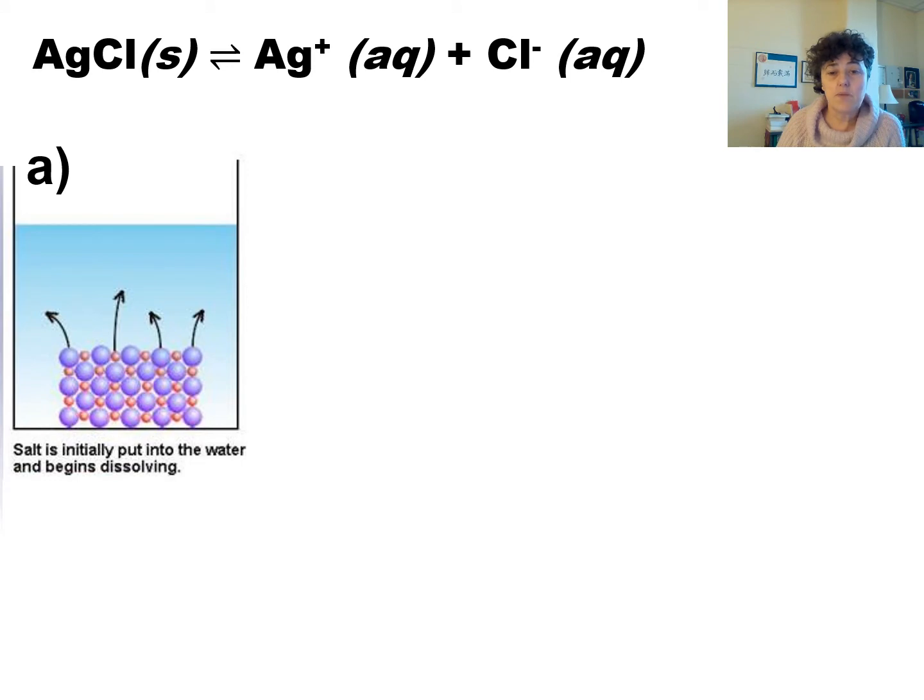Now let's see what happens at the very beginning when we just added silver chloride and it has not dissolved yet. We have two separate phases. On the top we have the liquid phase, that is still water with nothing yet dissolved in it. So the concentration of chloride ions and silver ions in the liquid phase is 0.